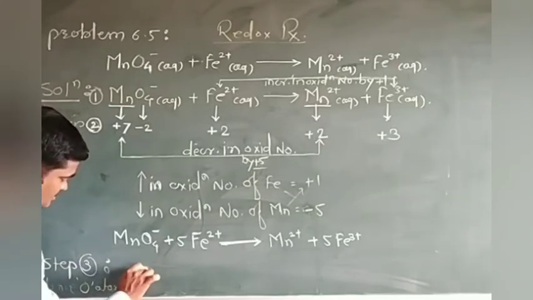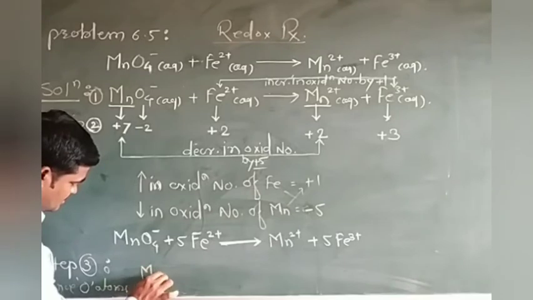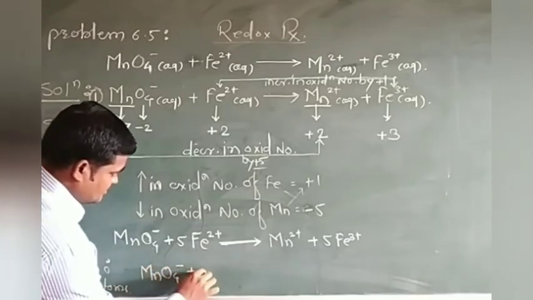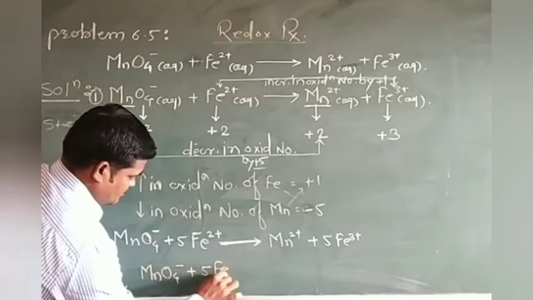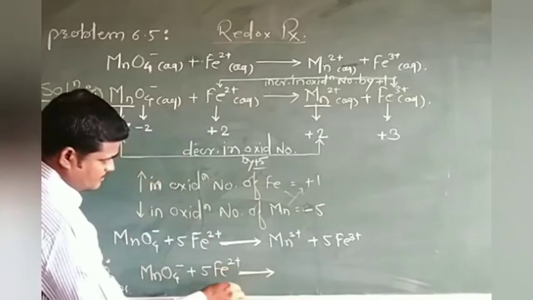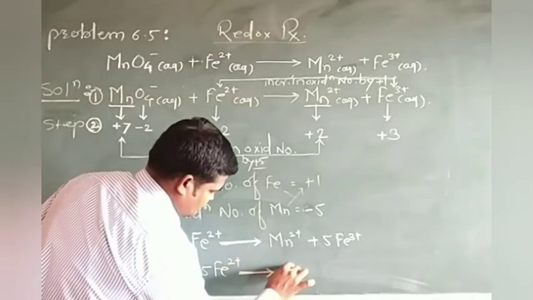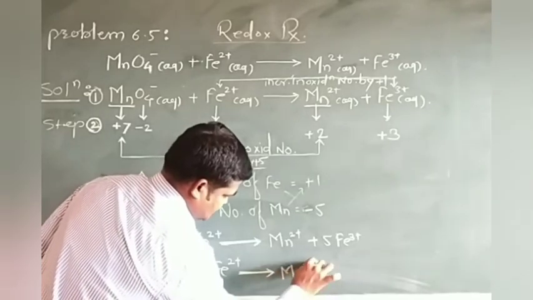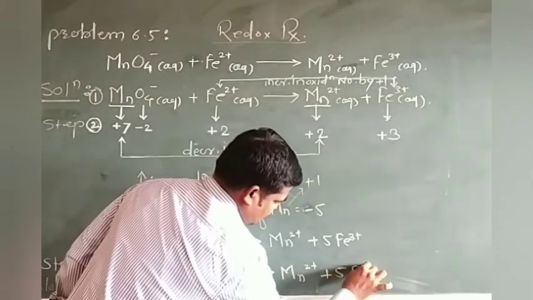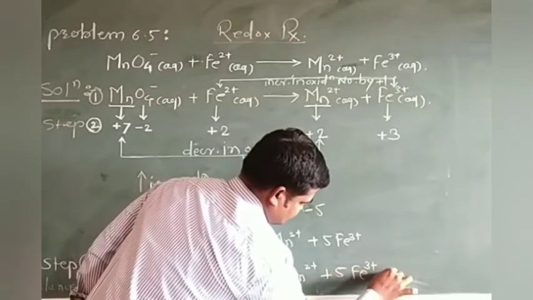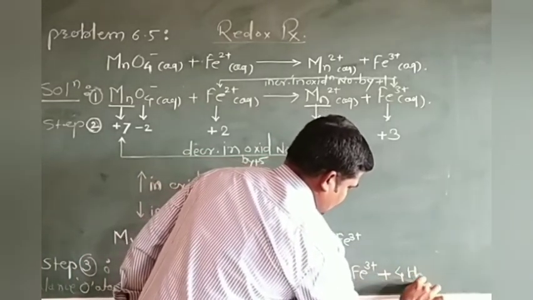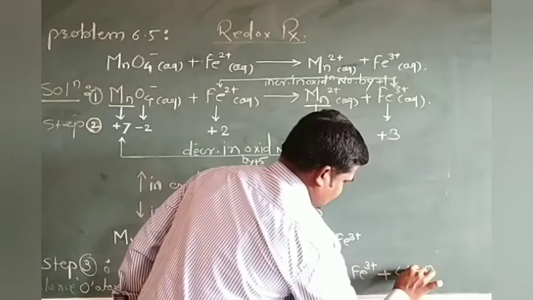I will write the equation as it is, that is MnO4- plus 5 Fe2+, and here Mn2+ plus 5 Fe3+ plus 4H2O. Why have I written 4H2O on the right hand side?